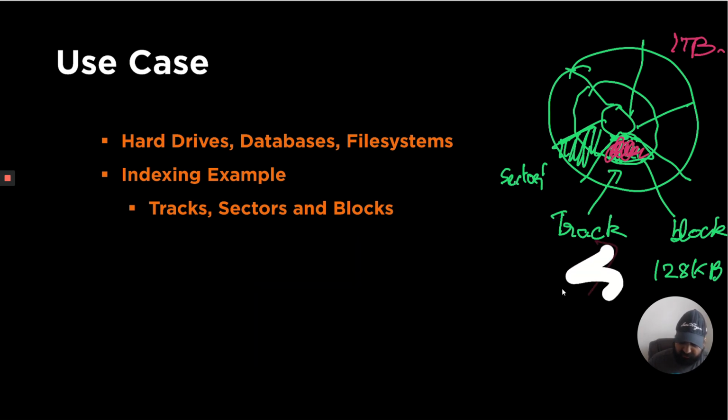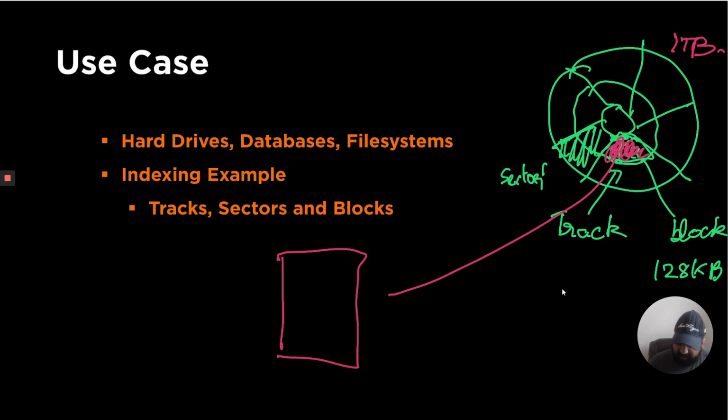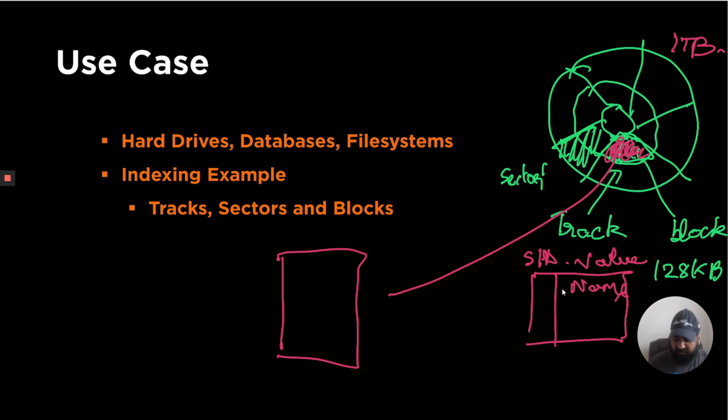So how we can solve this particular problem using B plus trees is by creating indices, which is, you basically have an index. Let's say this block contains a database of student IDs and some values, which are attributes like name, address, and different things.